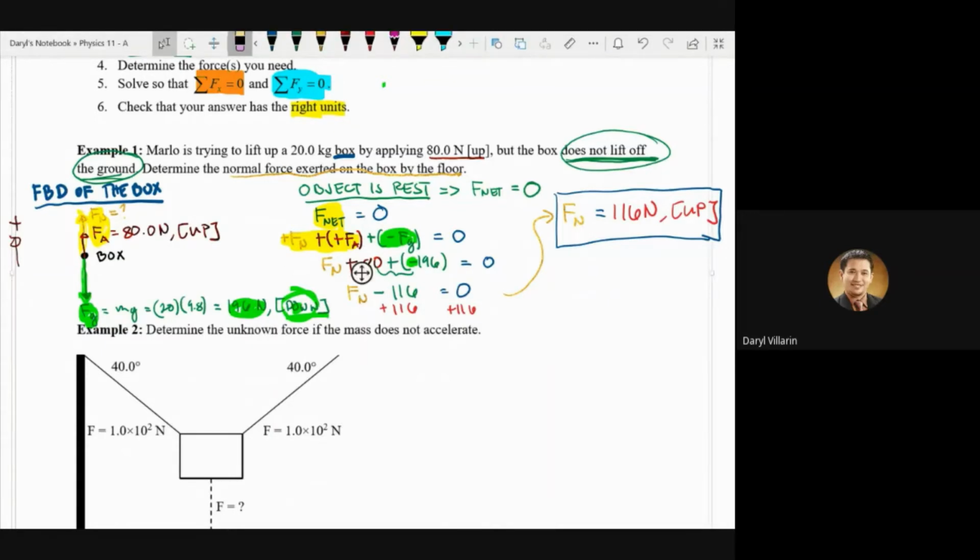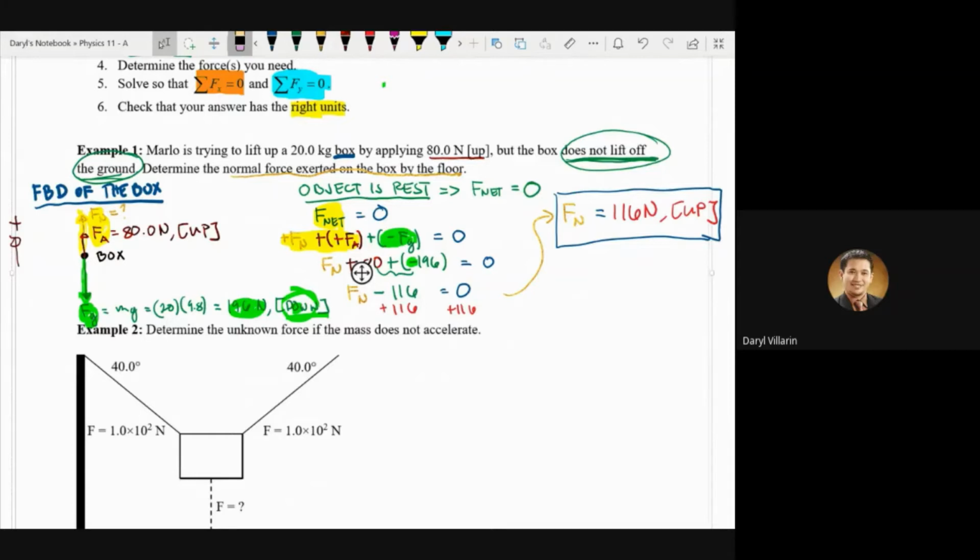So the second step would be just expanding or identifying the different forces. But then again, if you're going to do that, just remember that forces are vector quantities. So we have to be specific with our direction, upward or downward or left, right. In this case, the forces are just lying on the same component, so you can add them all together, but taking note that upward is positive and downward is negative.